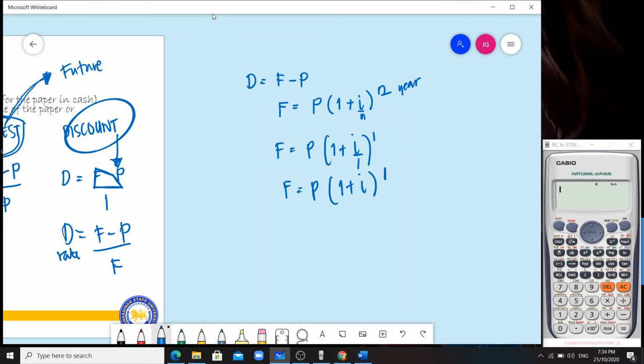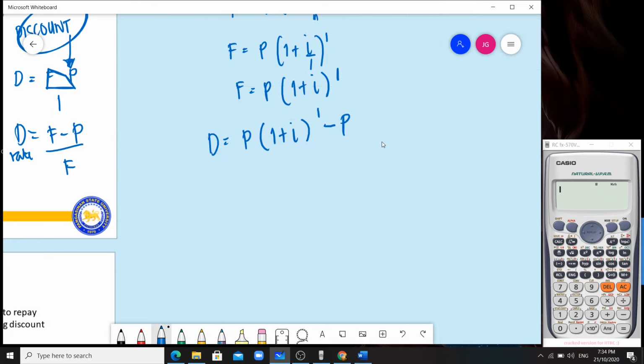Now, let's substitute. Discount is equals to P (1 plus I) raised to 1 minus P. So, parang ganyan na siya, diba? So, kunin natin yung discount rate. Discount rate is F minus P over F, diba?